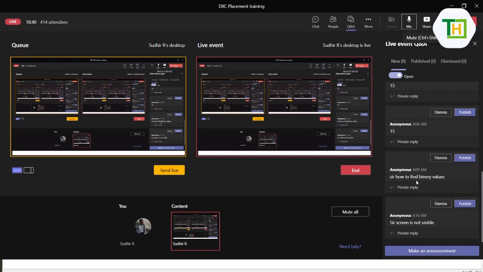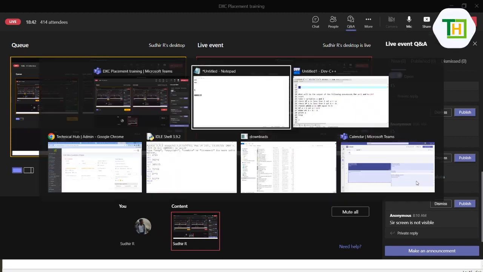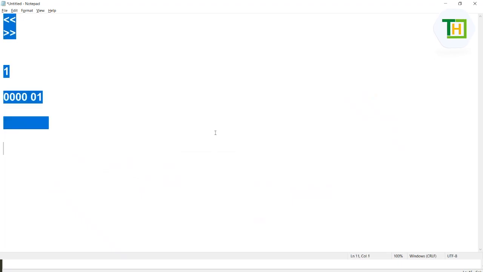Is my screen not visible? How to find binary values? I will tell you. For example, I'm going to write for 14 here. A simple technique I'm going to follow always.